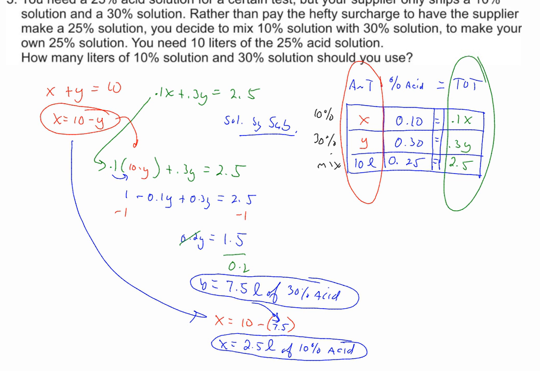So he used 7.5 liters of the 30% and 2.5 liters of the 10% to get that 25%. I don't know if your mom ever wants you to reduce a recipe or not, but this would be a way of doing that. There are a lot of solution problems for a mixture type problem, and this is the concept.